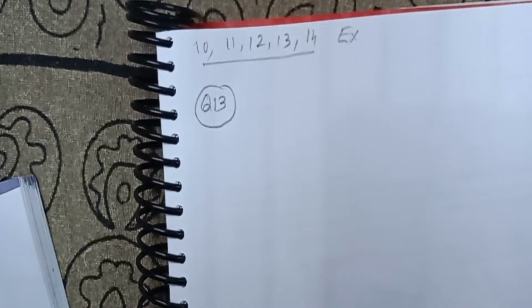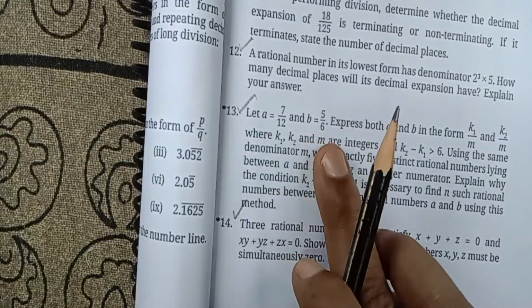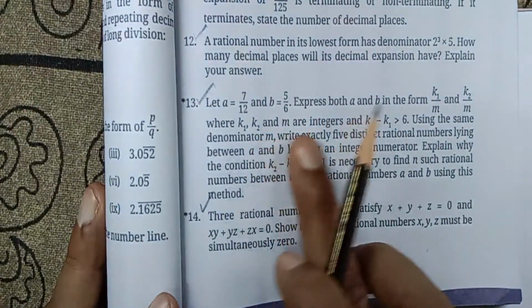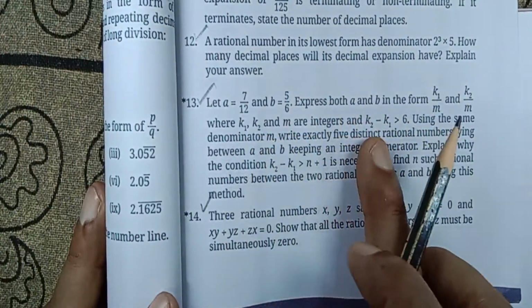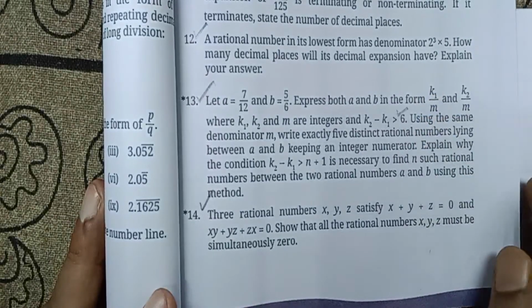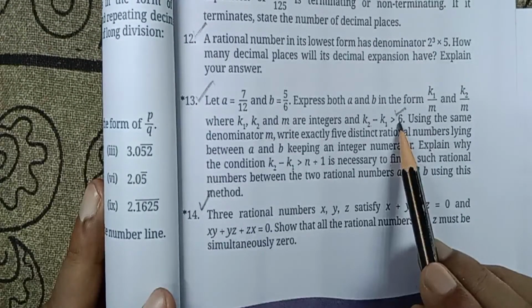Question number 13. A equal to 7 by 12, B equal to 5 by 6. Okay. Express A and B in the form K1 upon M, K2 upon M, where K1, K2, M are integers, and K2 minus K1 should be greater than 6.